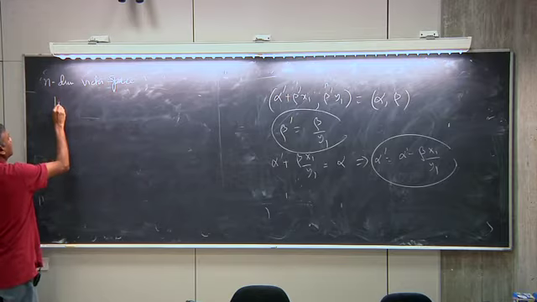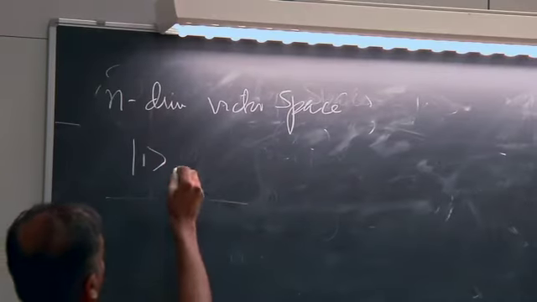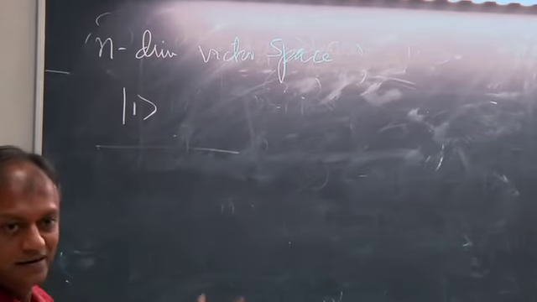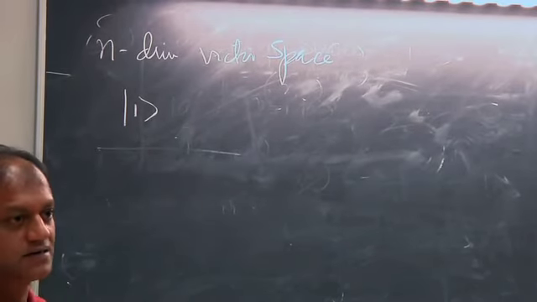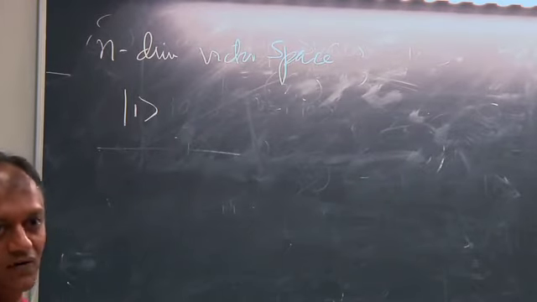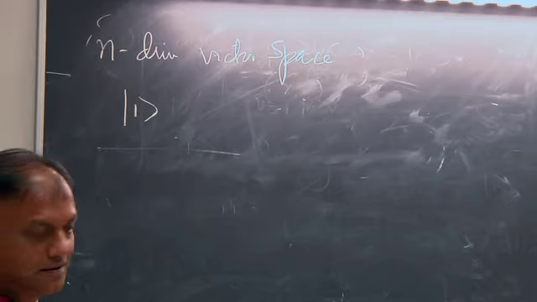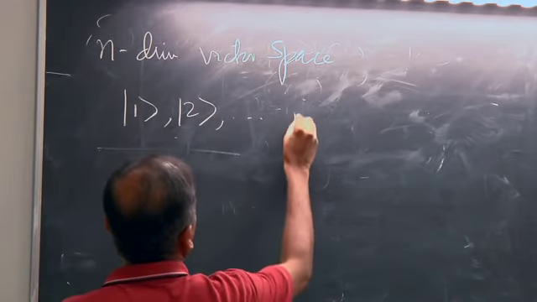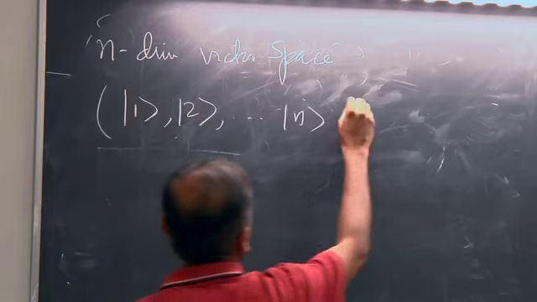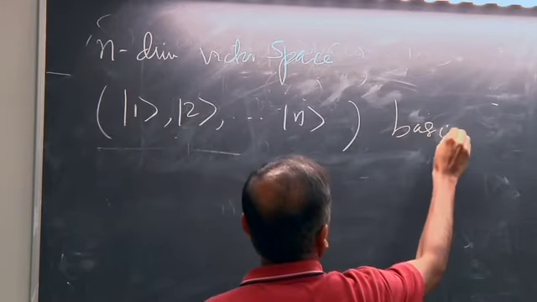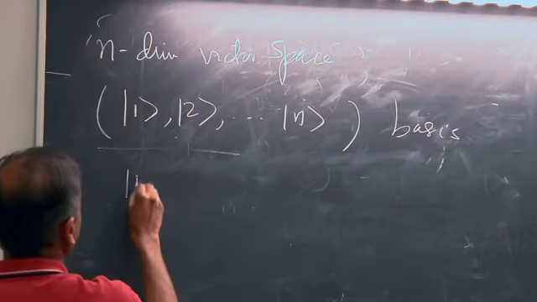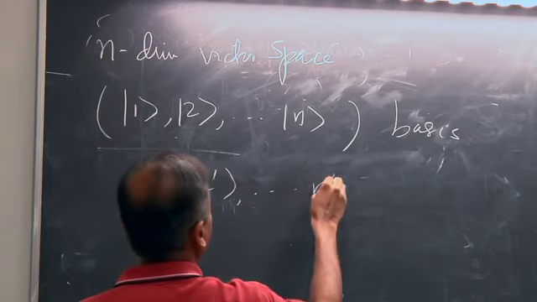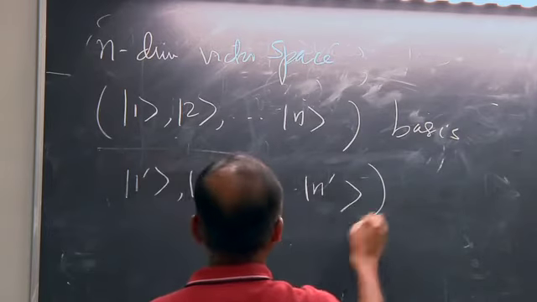There should be n basis vectors. When you say dimension is n, the maximal set of linearly independent vectors is n, so the basis will always have n vectors. So I choose one basis, e1, e2, up to en. This is one basis. Another basis, let's call it e1 prime, e2 prime, up to en prime. This is another basis.